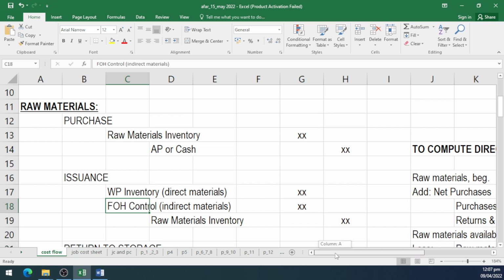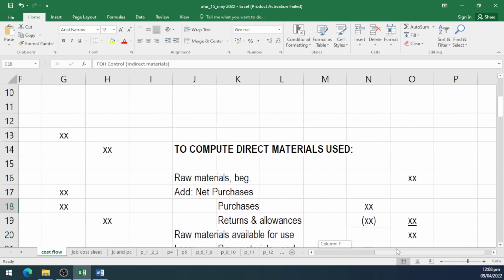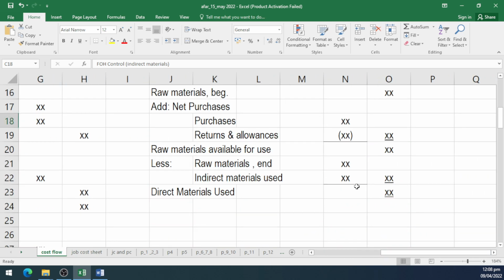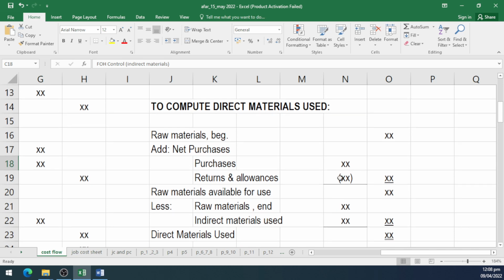Now, pagdating sa pag-compute ng direct materials used, ito po ang magiging pro forma computation. Raw materials beginning, we add the net purchases. Yun pong net purchases ay yung gross purchases minus returns and allowances. And you can compute this raw materials available for use. Then from there, we deduct the following.